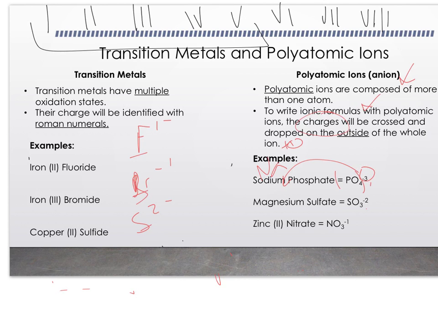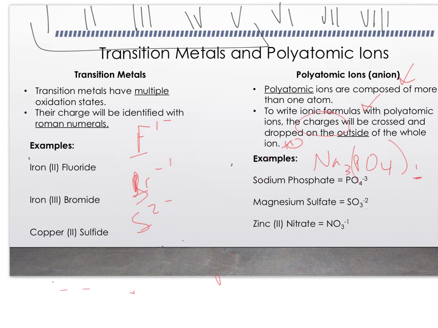Ones are understood, so the total formula for sodium phosphate is going to be Na3PO4. Ideally, you'll have parentheses around the PO4 if the number outside is something other than 1, but the 1 is understood, so it's just Na3PO4.